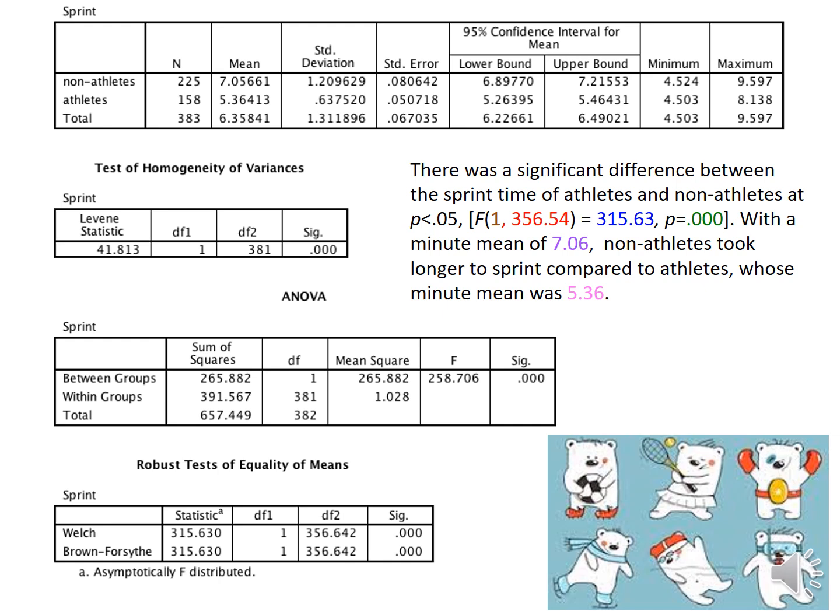To report the results, we indicate that there was a significant difference between the sprint time of athletes and non-athletes at 0.05, with an F statistic of 3.15 and a probability significance of 0.000, with a mean of 7.06 minutes for non-athletes, who took longer to sprint compared to athletes, whose mean was 5.36.